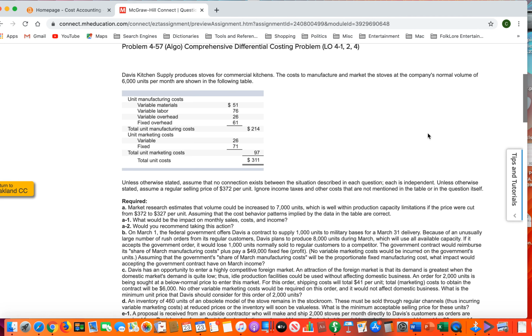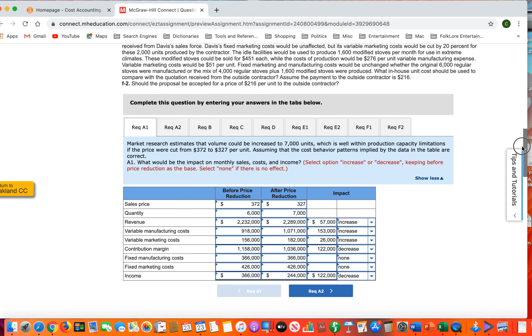So if you subtract $792,000 from your contribution margin, it should be a lower operating profit than it was at 6,000. So let's see. Yeah, it should be a difference of $122,000.